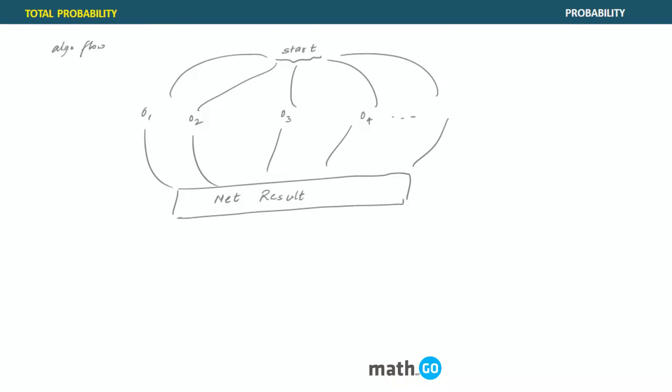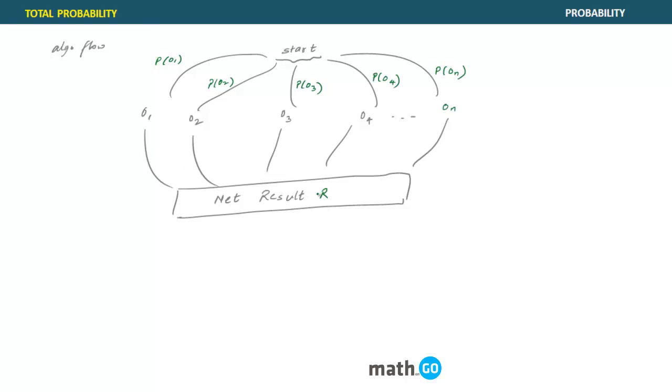I'll call this result R. This is the net result R. So this particular chain is that you have obtained the result from option 1. This is from option 2, option 3 and so on. Let's say this is option ON. So this path will be called probability O1, this path probability O2, probability O3 and so on. I can go on and keep on writing, probability ON.